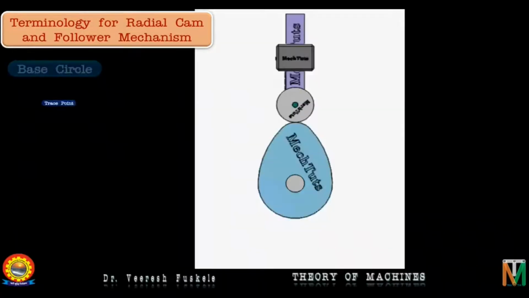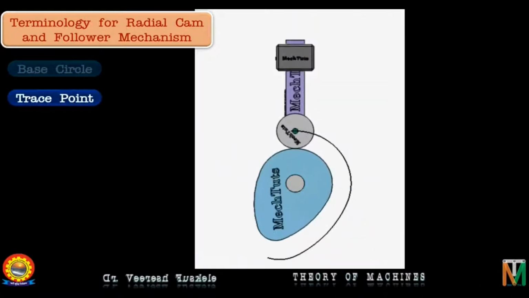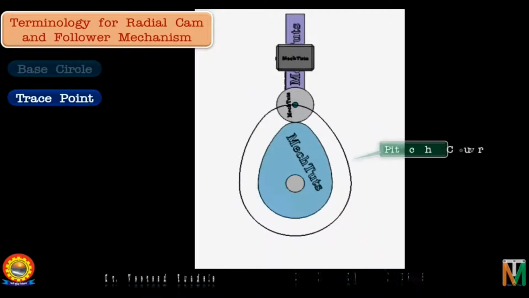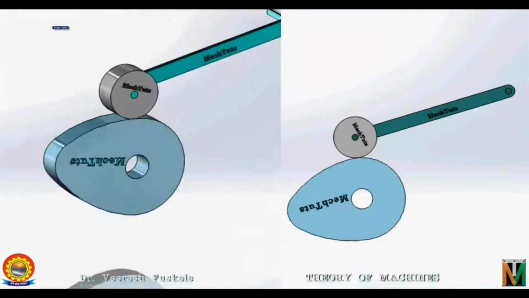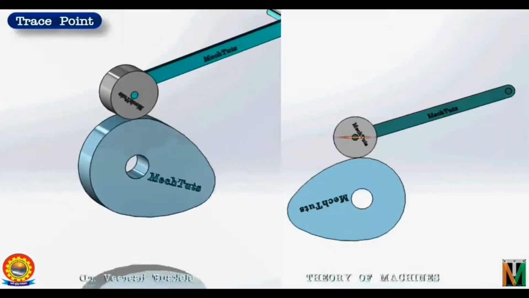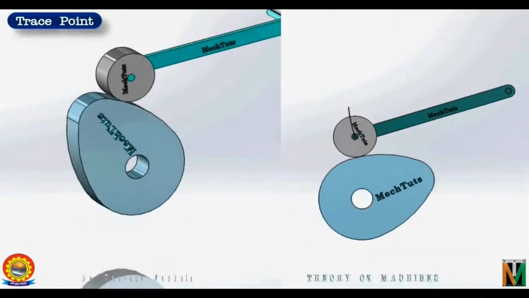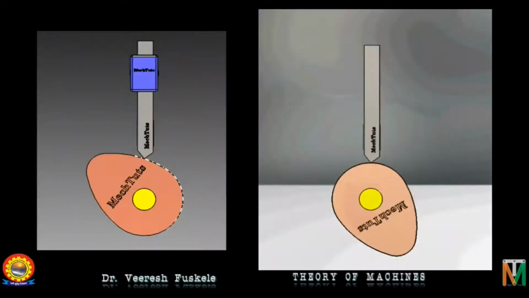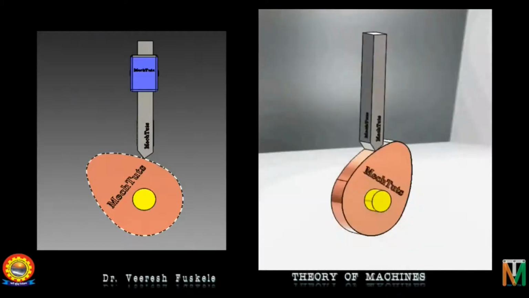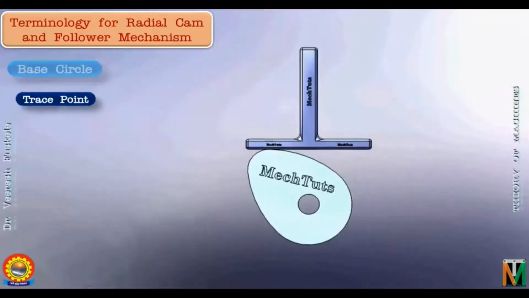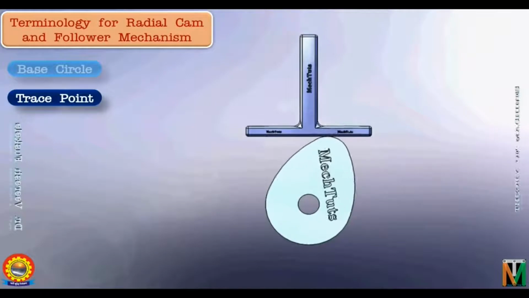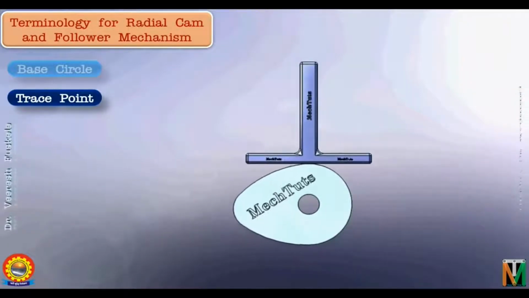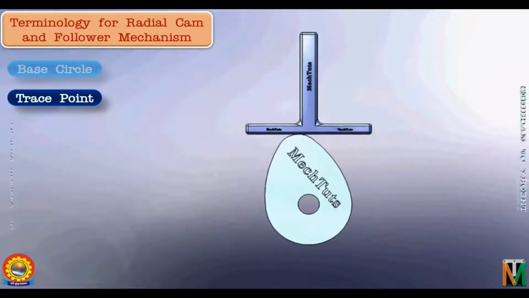In case of knife edge follower, it is the edge of the knife that we consider as a trace point, and in case of flat face follower, it is the point of contact of the cam and the follower surface when the follower is closest to the axis of the cam.